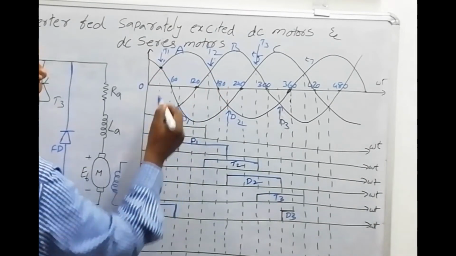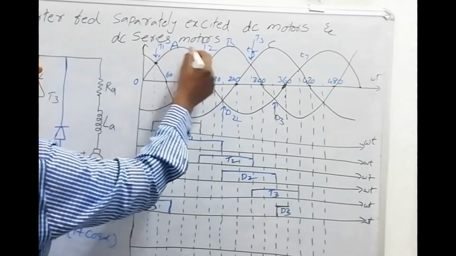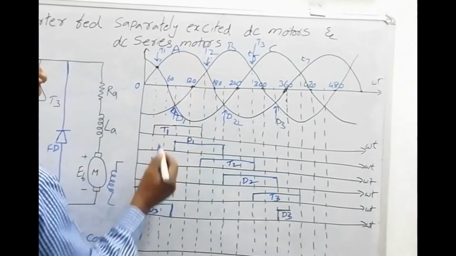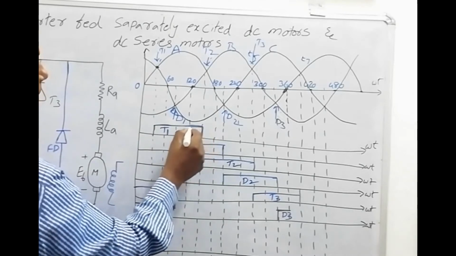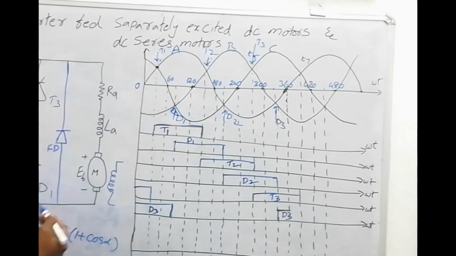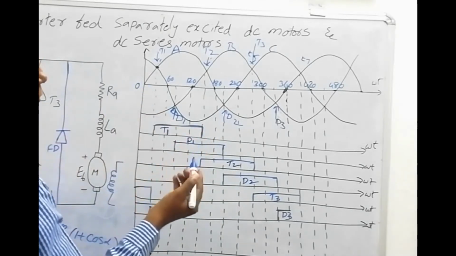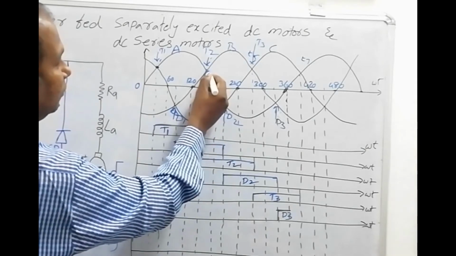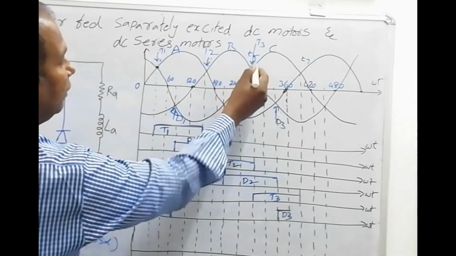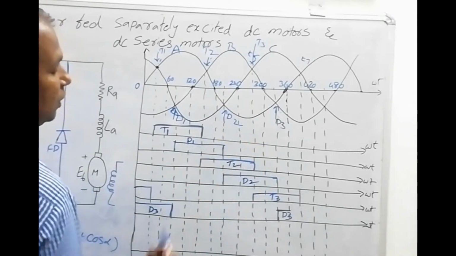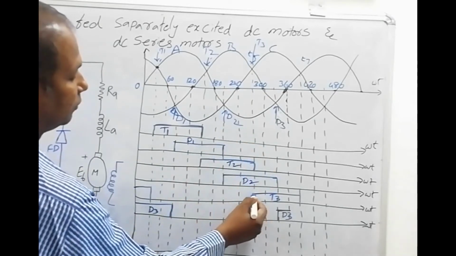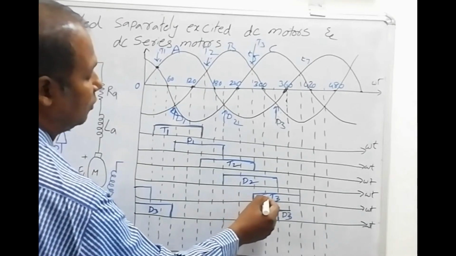From T1 to T3, A phase is more positive, that means full conduction, so you have to draw the pulse. Similarly for T2, from T3 to T5, draw this one. Similarly for T3, from T5 to T7.